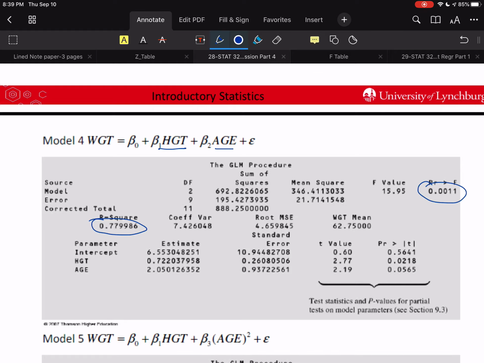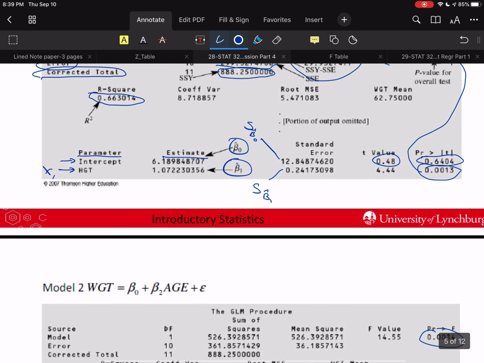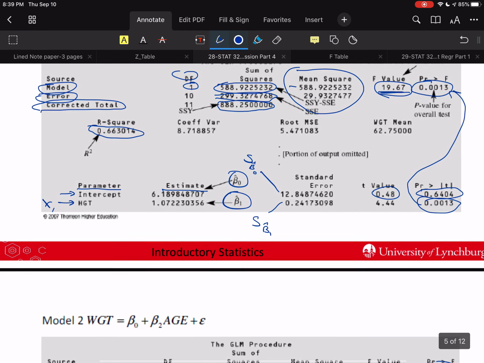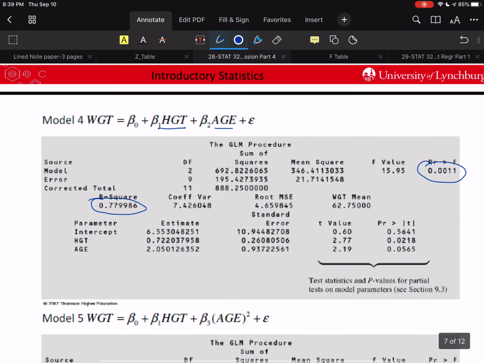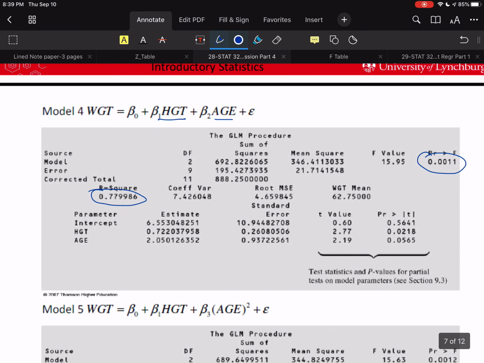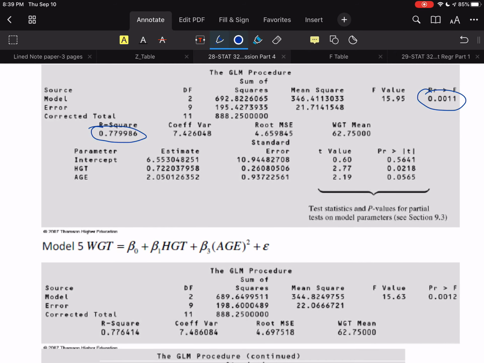Now, our p-value dropped to 0.0011. So that's actually lower than the first one, so this is more significant. Having the two variables in there is better than just having the one, the height. And then when we add age squared to height, it's still highly significant.